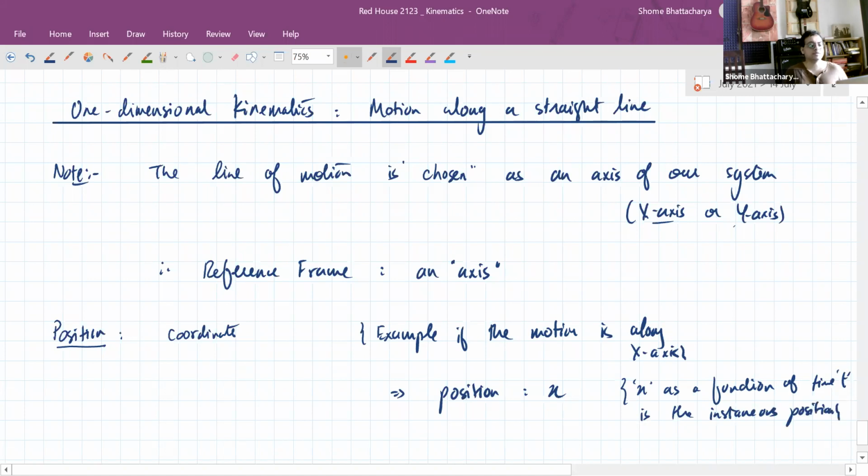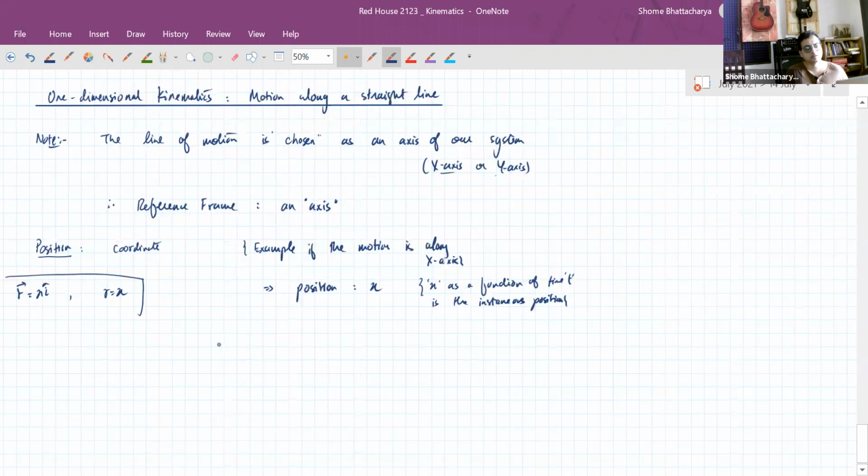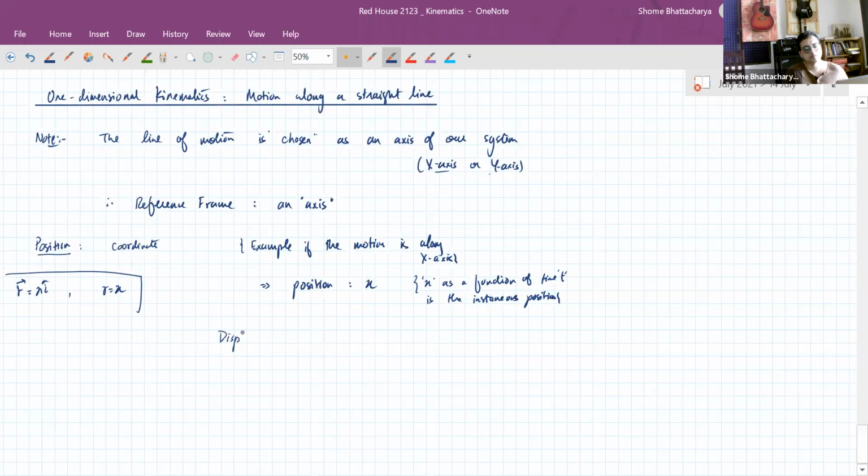Instead of describing the position by a vector x i cap, we'll just describe the position by the coordinate x, because there is no y and z component at all. The motion is happening only along the x-axis. Accordingly, the displacement will be given by just a parameter like this.